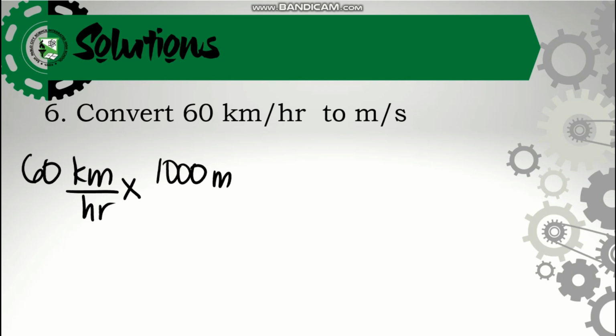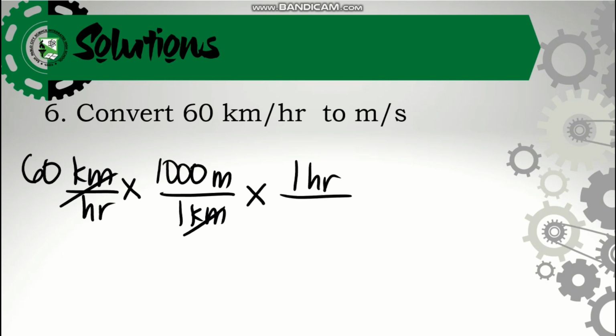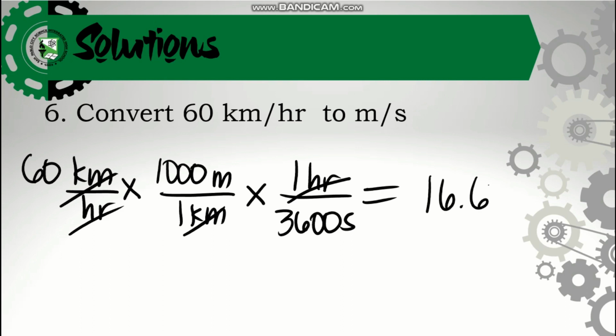We're going to multiply it by 1,000 meter over 1 kilometer to cancel kilometer, as well as 1 hour over 3,600 seconds, and we're going to cancel the hour. That's why we come up with the answer 16.67 meter per second.